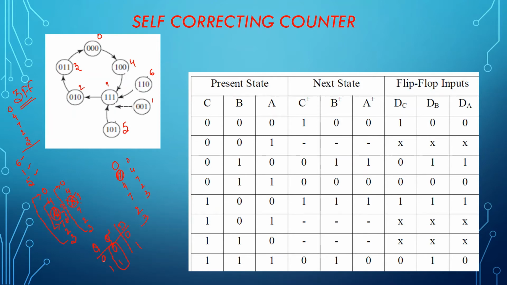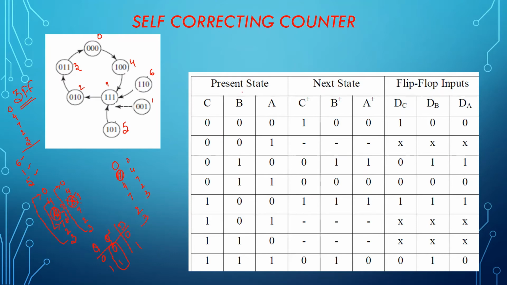If the present state is 0 and I want the next state to be 0, give input as 0. If the present state is 1 and you want the next state to be 1, you give the input as 1. So this transition or excitation table is to be known by you. The characteristic equation is not to be known. Either the transition diagram or the excitation table is to be known by you.